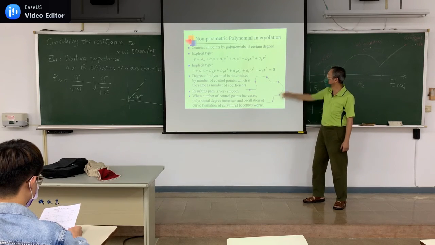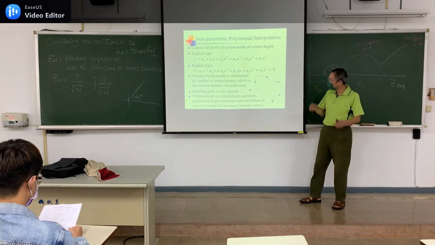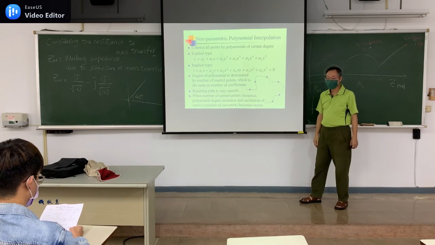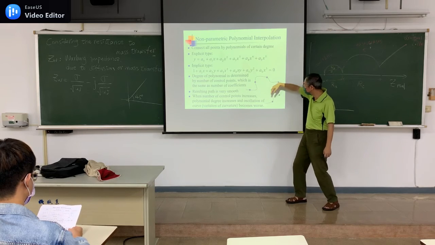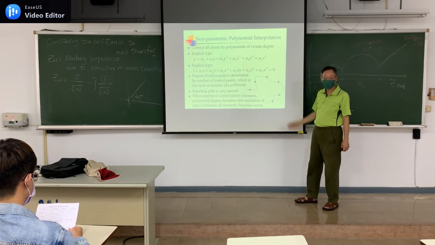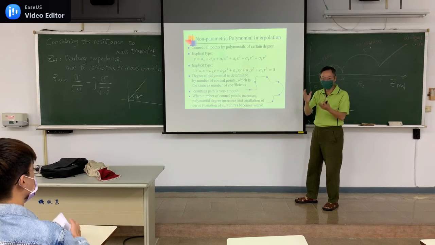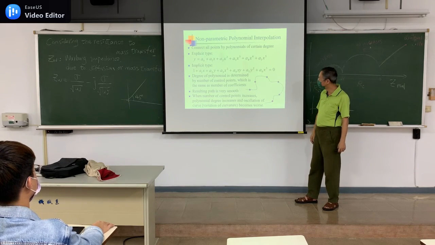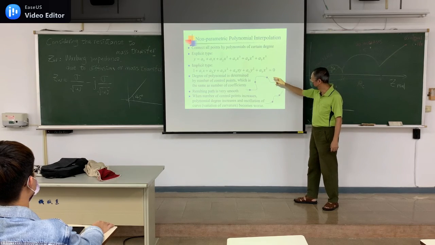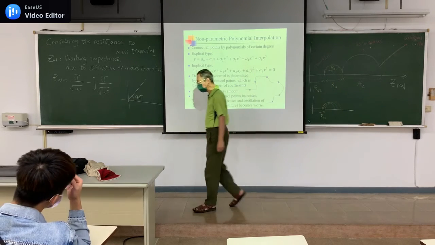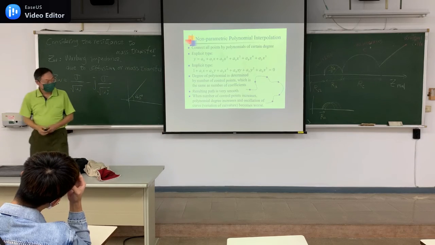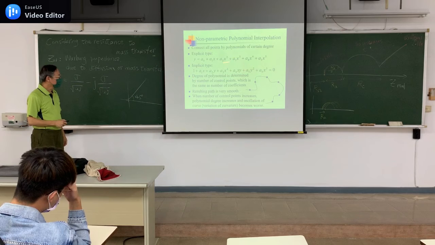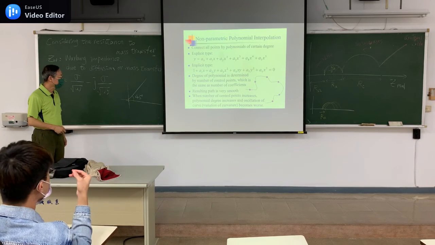But because you use the polynomial and you want to pass through all of the points, that will end up with some very, very strange curvatures in order to pass through all the points. This is a limitation of the polynomial interpolation here.